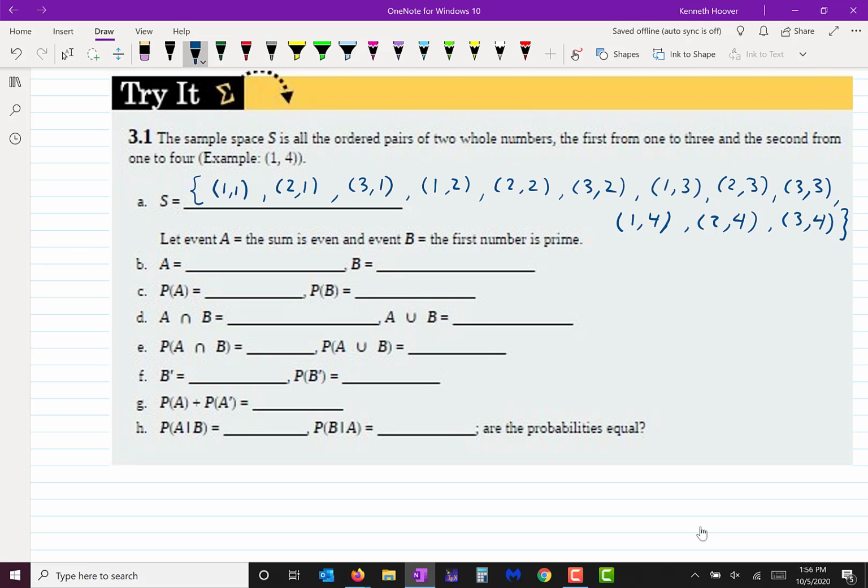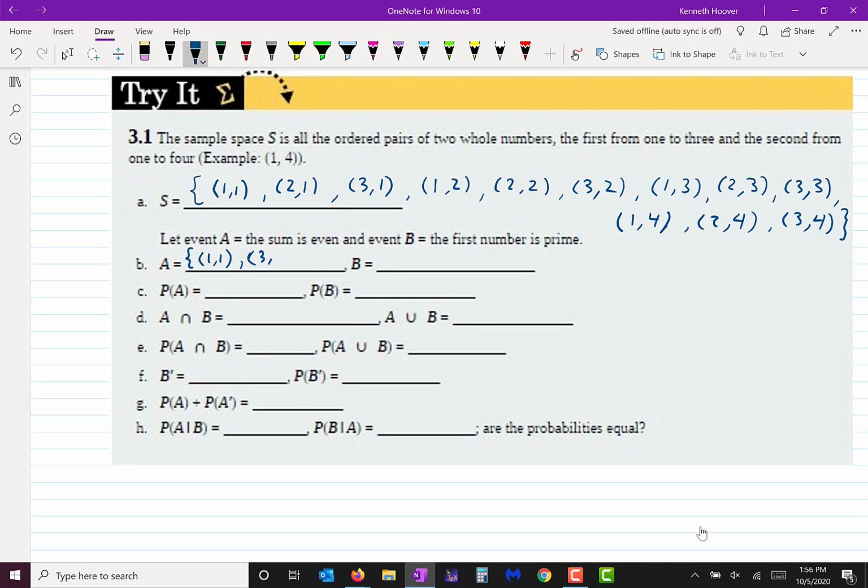Okay, it says A is the event that the sum is even. B is the event that the first number's prime. Write down A and B. So A would look like this. How many are there? There's 1, 2, 3, 4, 5, 6, 7, 8, 9, 10, 11, 12 ordered pairs. Which ones have even sums? I don't know how they expect us to fit it in here. It's not going to fit. But 1 plus 1 is even, so that would be there.